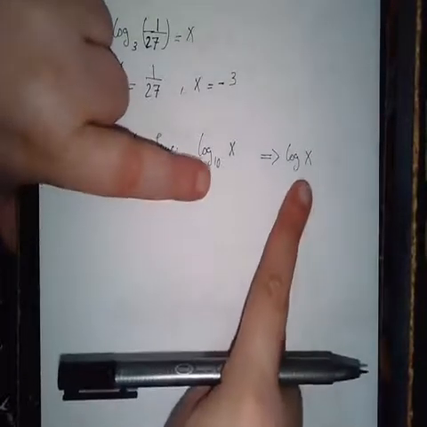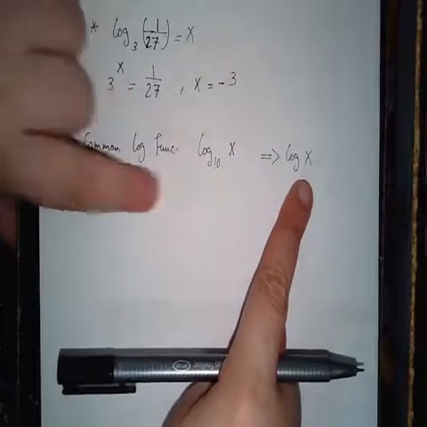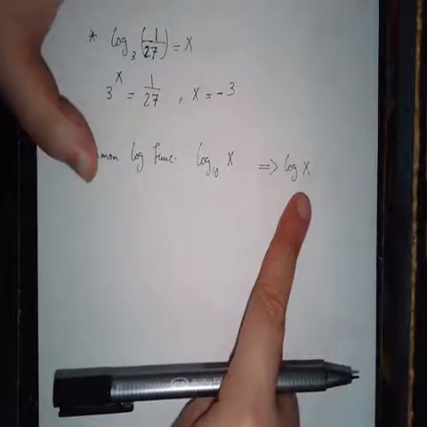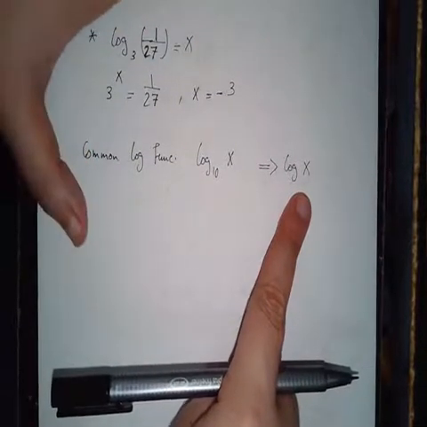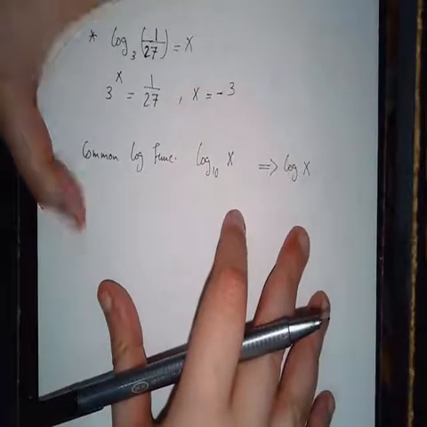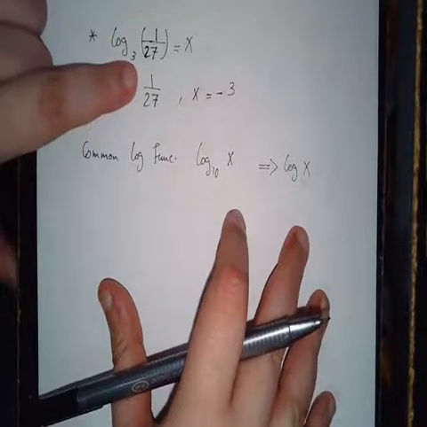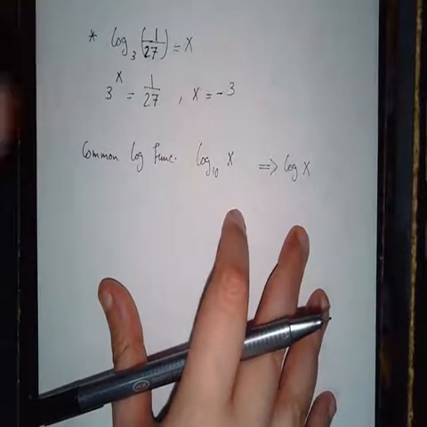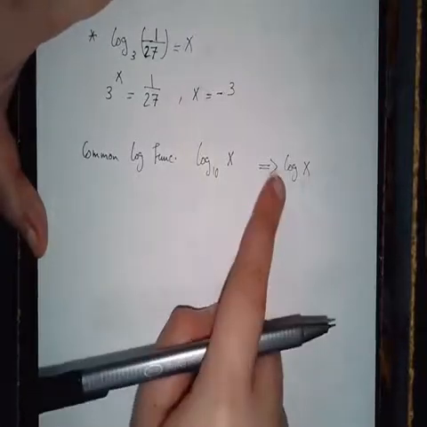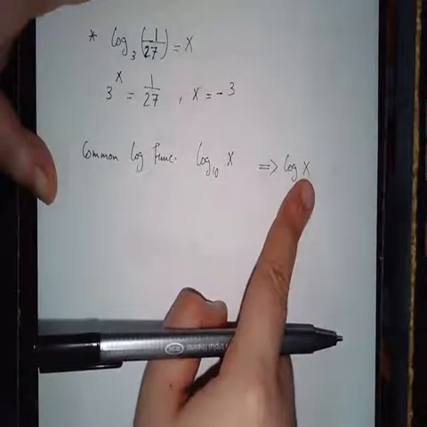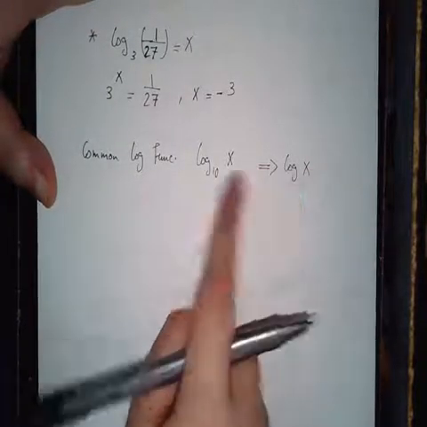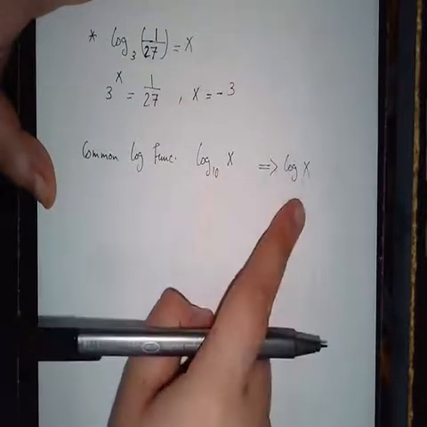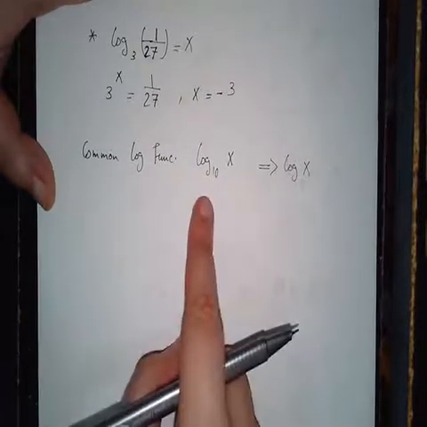You don't write the 10. Make sense? So if I'm giving you a log that has a base that is different than 10, I will always write it down. Always. If you don't see a base, if you just see the word log and then what follows is the inside of the log, that means that log is base 10. No base is base 10. Okay?